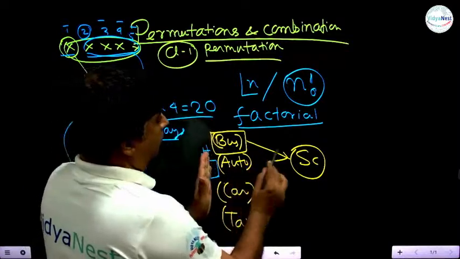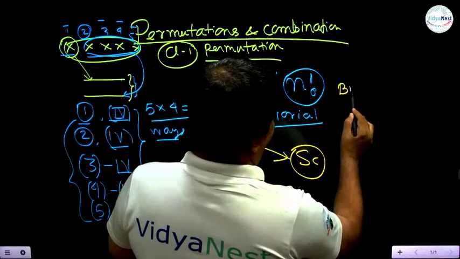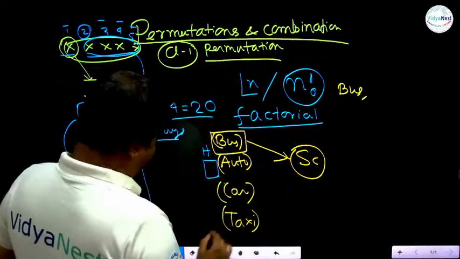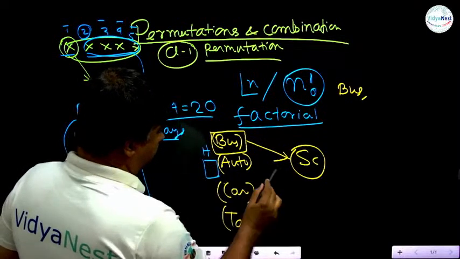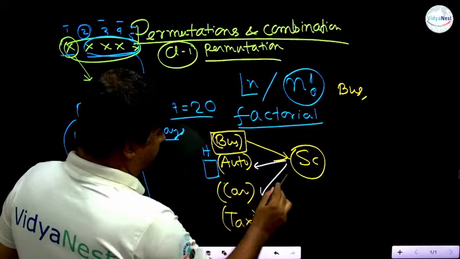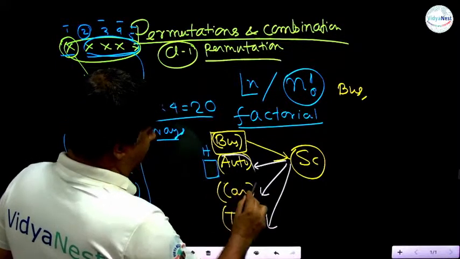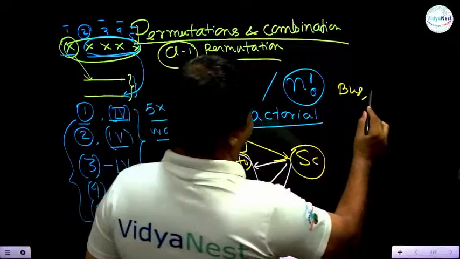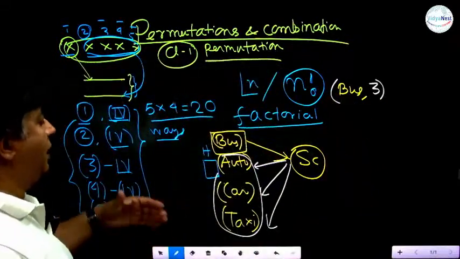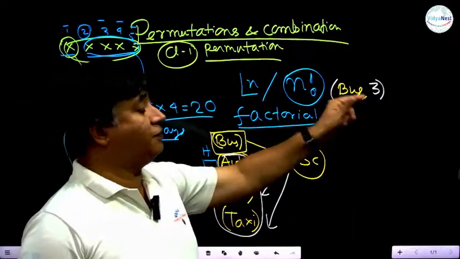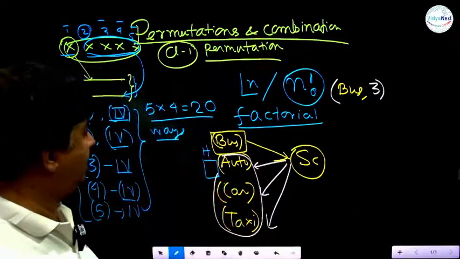So, if you go by bus, how many ways can you return? How many vehicles will you have? 1, 2, 3. You can choose any one out of these 3. So if I go by bus to school, then at the time of return, I will have 3 vehicles. Yes or no?